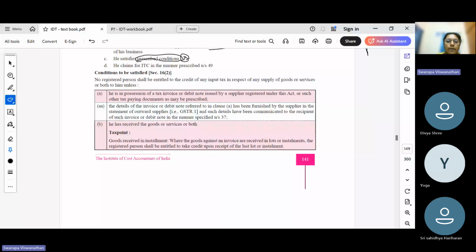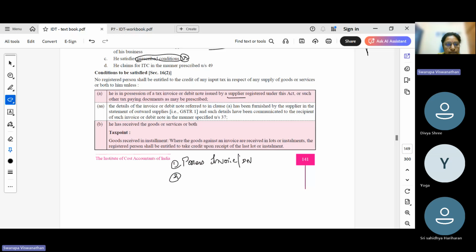So first one, possess a tax invoice. The first condition is possessing an invoice, debit note, or any other document provided by the supplier. I'll just stick to invoice or debit note.